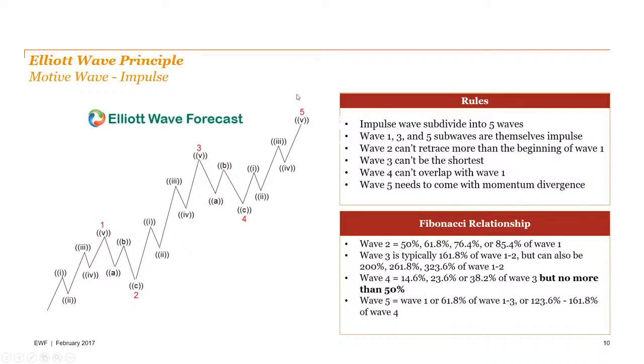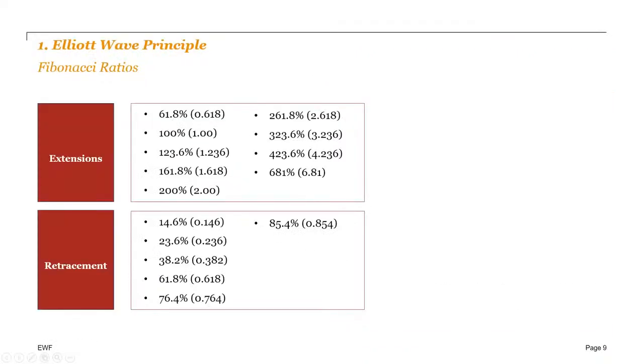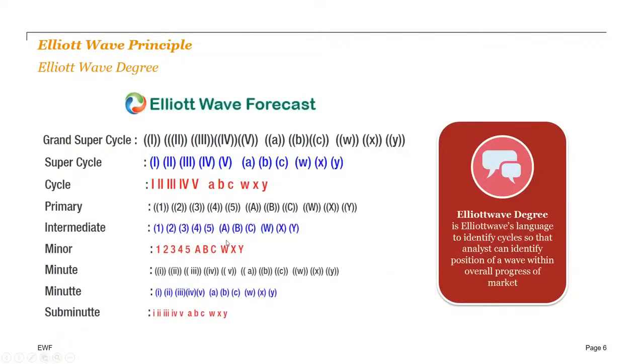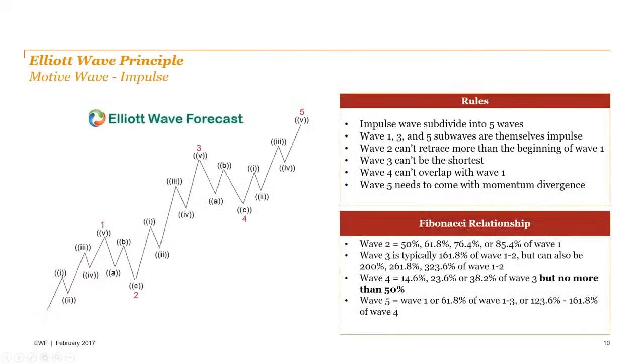So over here, if you remember, there's also blue 1 here. So these 5 waves in the minor degree together form a wave 1 of a larger degree, intermediate degree, if you remember from this slide earlier, right? This wave 1 here is subdivided into 5. So this is the Elliott wave degree here. So impulse wave subdivides into 5 waves.